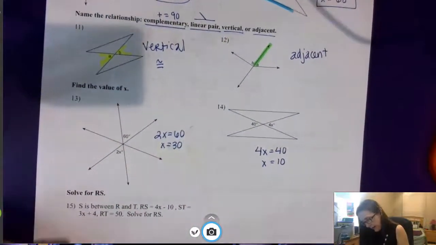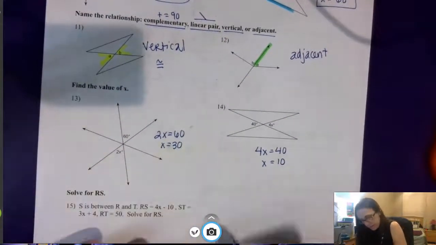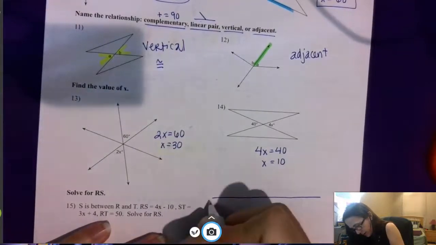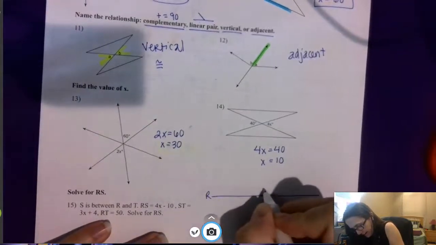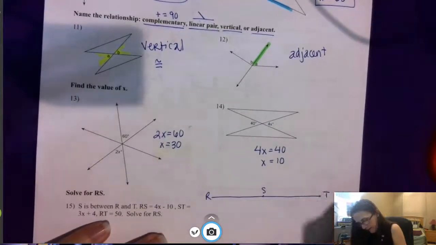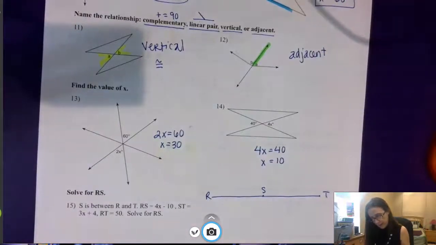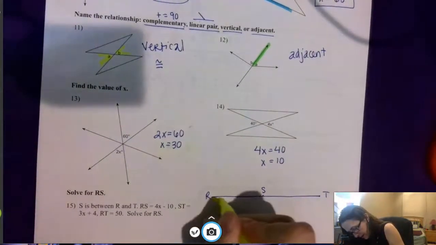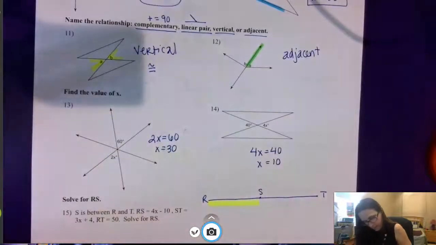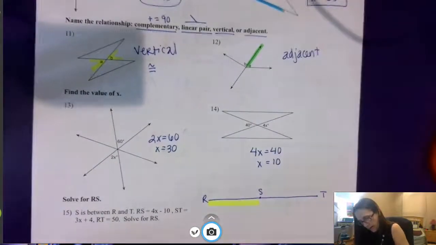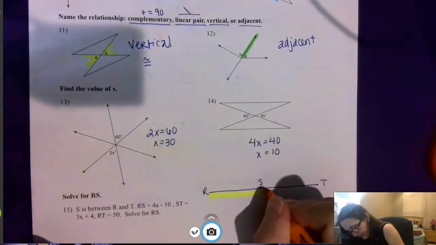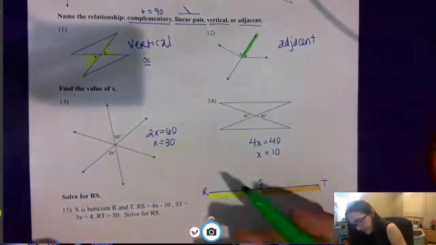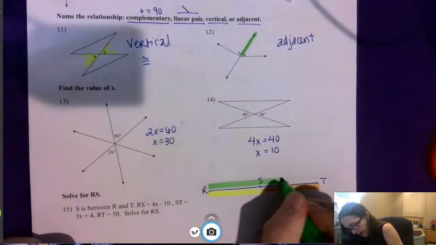Okay, down here, S is between R and T. I'm going to draw a picture. Now, I do not know that it's exactly in the middle, but I know it's somewhere between. So RS is here, ST is here, and the entire length is RT.